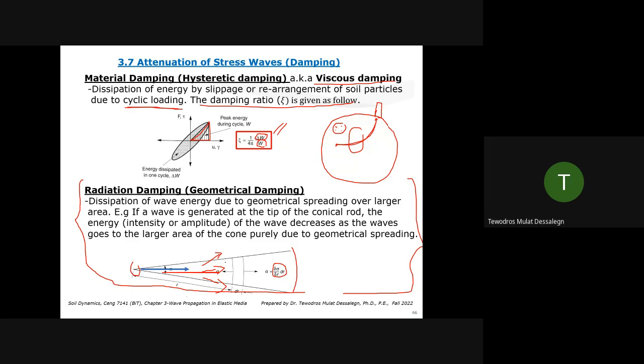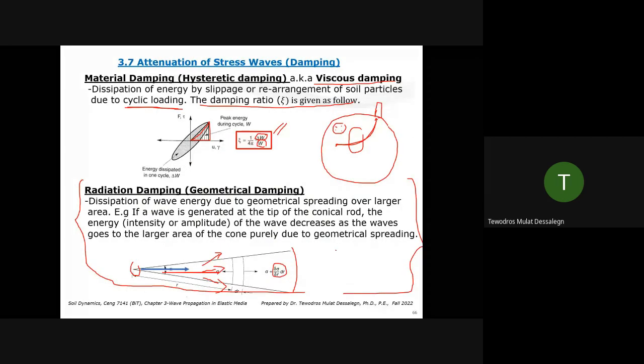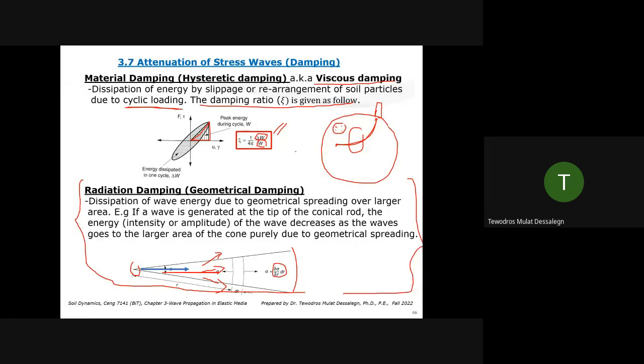It's not significantly large, but slightly larger values, which is a conservative design. Because of that, you may not see it, but if you're trying to be more accurate, you can see some literature on how much you can approximate it. For material damping, maybe you can increase it by 5%, 10%, like that. But radiation damping, the concept is like that. A wave gets weaker because of particles rearranging themselves or spreading into a larger area.